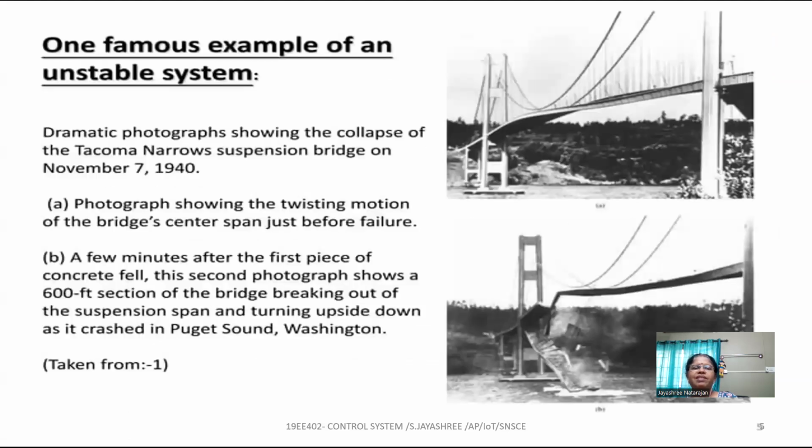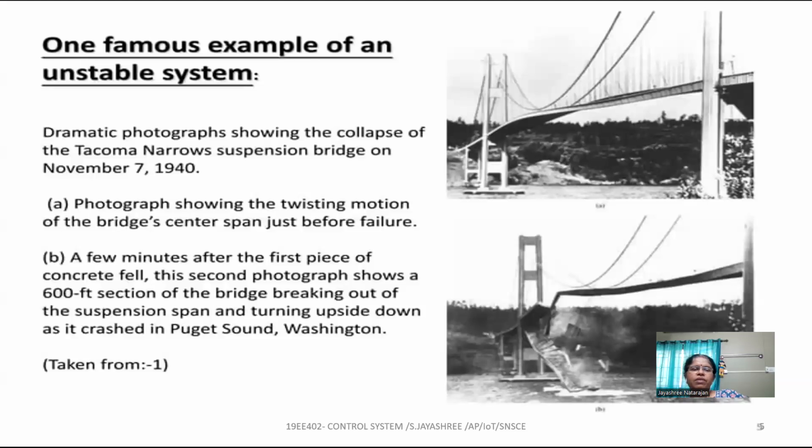Then one famous example of an unstable system. Look at this bridge picture. This picture shows the state of the bridge before the accident. These are dramatic photographs showing the collapse of the Tacoma Narrows Suspension Bridge in 1940.